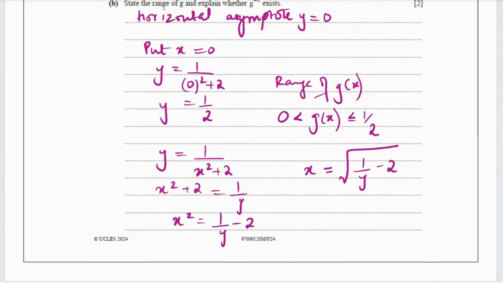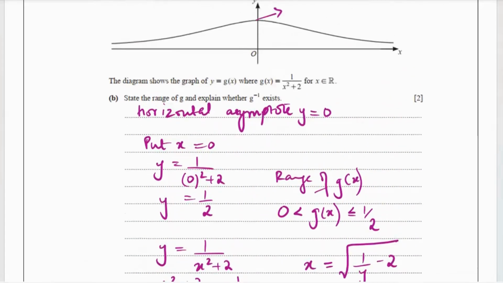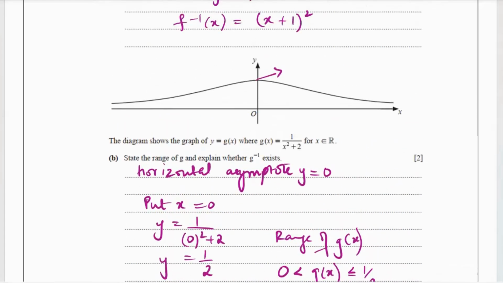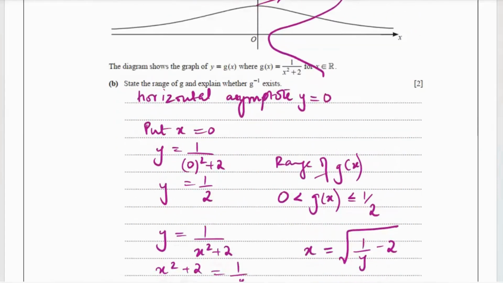It's going to be a square root, so that's going to be in a different position, and it's going to look something like this. As you can see, it's not a one-to-one function because for the same value of x, we're going to get different values of y, not one value of y. Hence, g inverse of x will not exist.